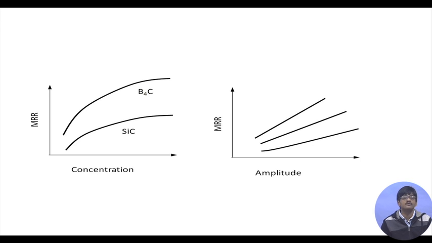Also it could be that many of the grits get crushed in the process of impacts, or they undergo fatigue failure because there are so many impacts per second, and that may be affecting silicon carbide in a more drastic manner than the effect on boron carbide. That is a possible solution.